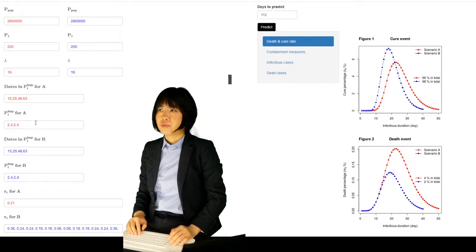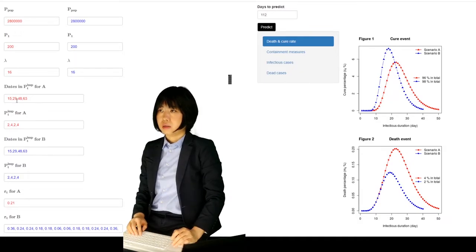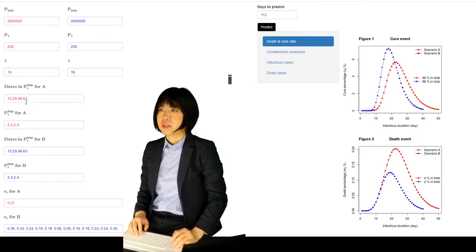The next group of parameters are related to imported cases. The first input is the dates for the imported cases, and the next input is the number of imported cases. These inputs assume on day 15, 29, 48, and 63, there are 2, 4, 2, and 4 imported cases.